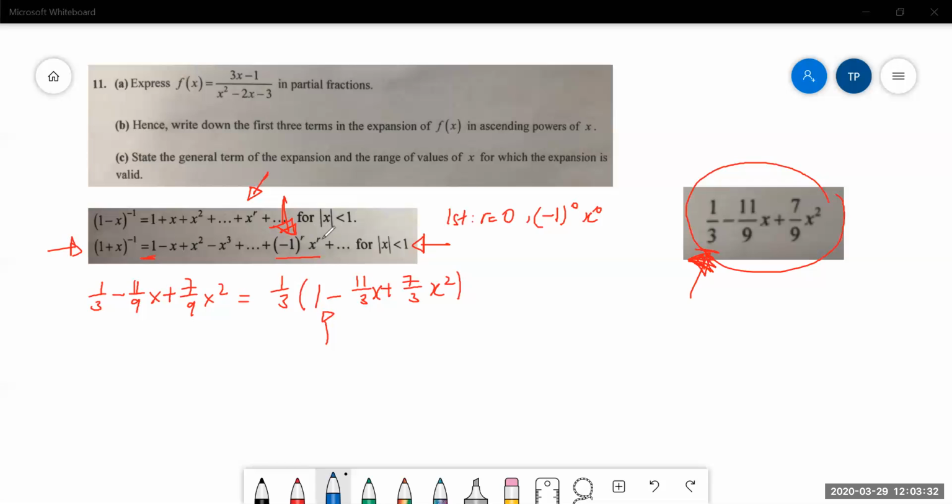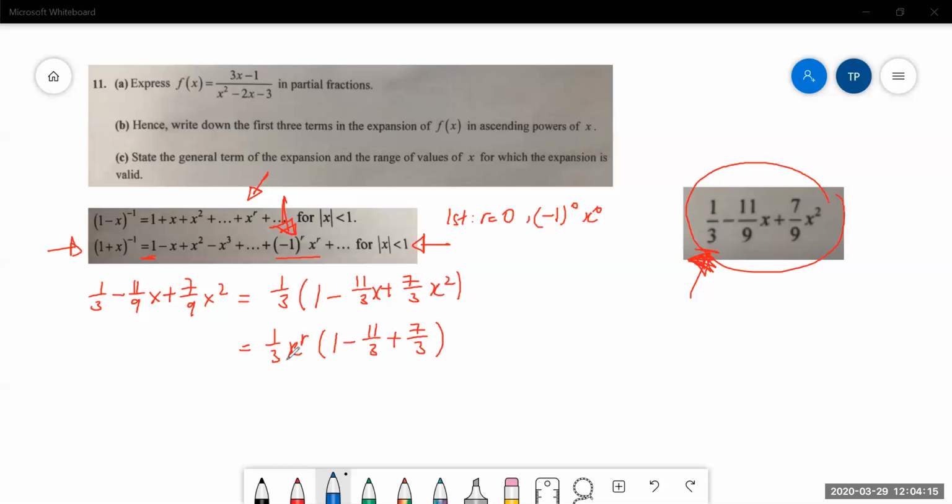From here, we can already take out x to the power of r, because r will be in ascending order. You start from r equals 0 for the first term.